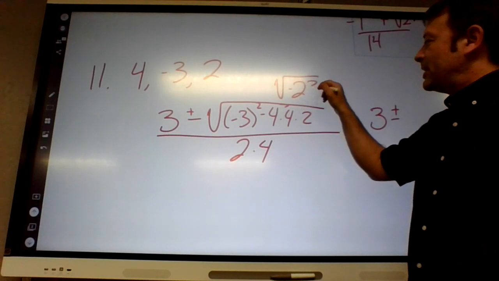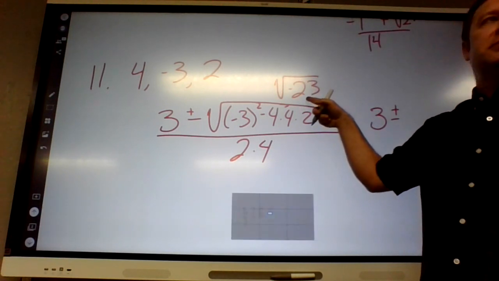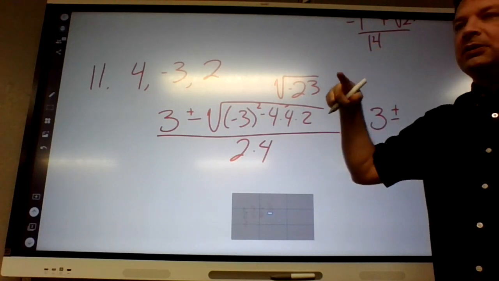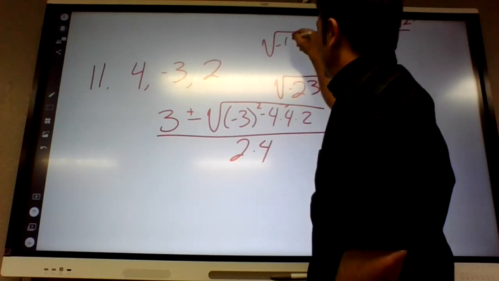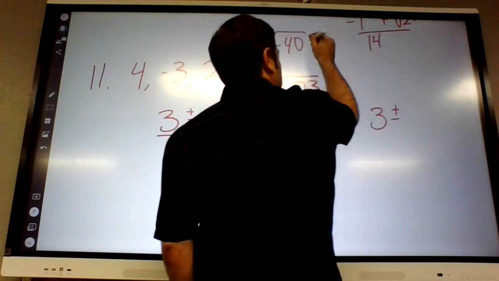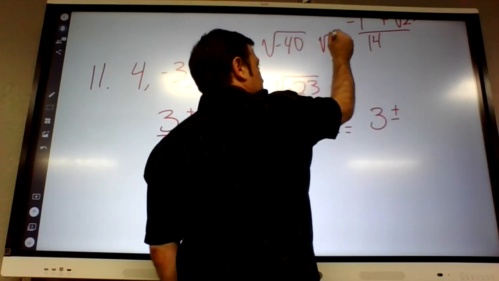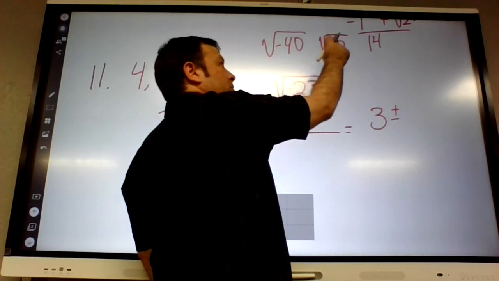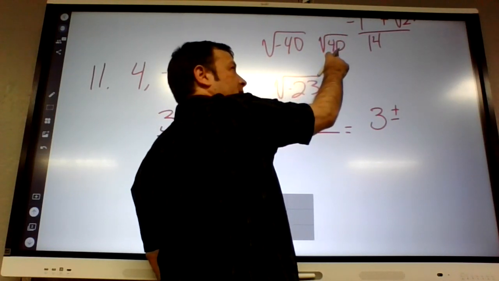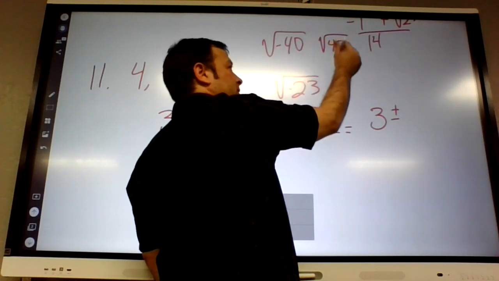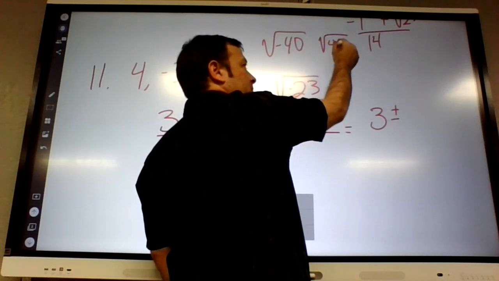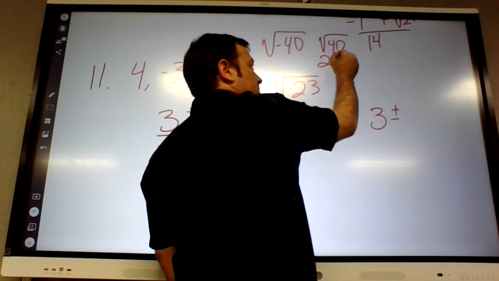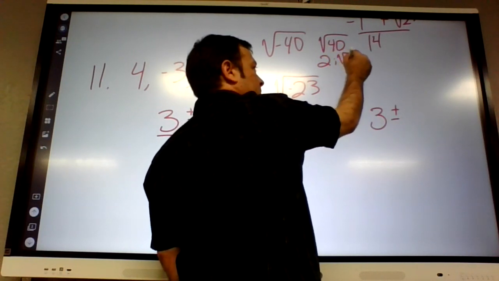So you guys remember last week, how did we handle the square roots that were negative? If you don't have a calculator that can do it, what you should have done last week was plug in the square root. For example, if it says square root of negative 40, you just plug that in your calculator. And then what do we do with the negative? Put 9. So this is like 2 squared root of 10, so it changes to 2i squared root of 10.